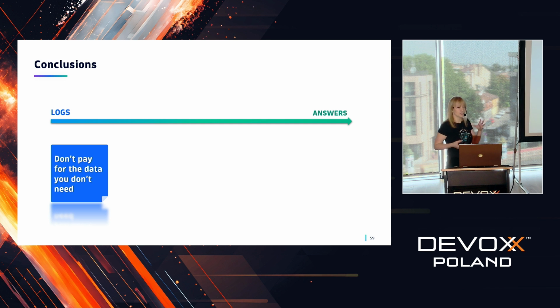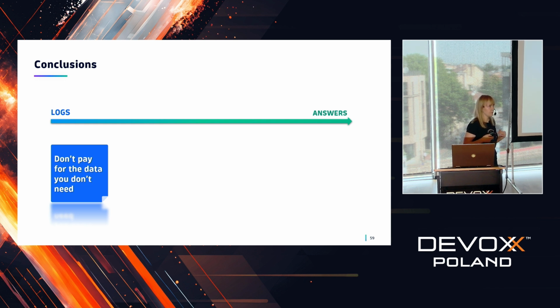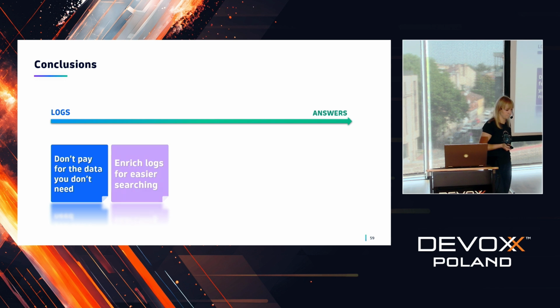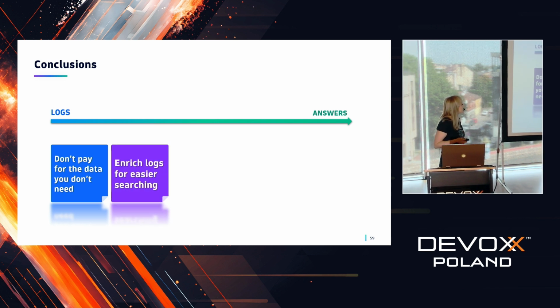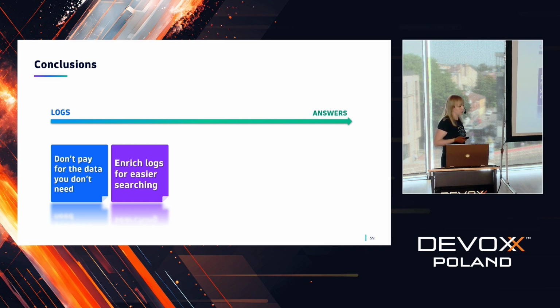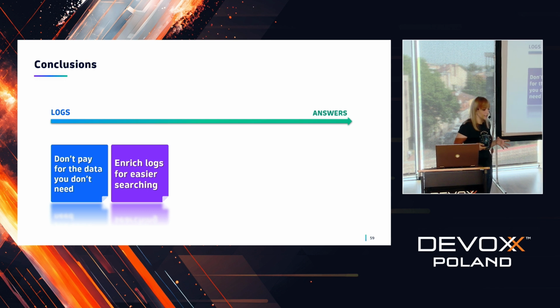Let's not just send all the logs that we have to our monitoring tool. Think about the monitoring goals that you want to achieve and configure your log monitoring based on that. Enrich your logs with as much context as possible because it will allow you to get more insights in the end. It will allow you to do better filtering and troubleshooting analysis.